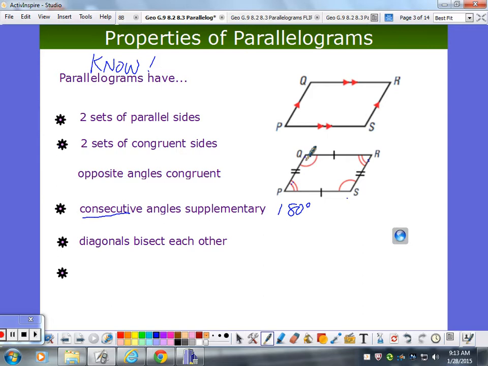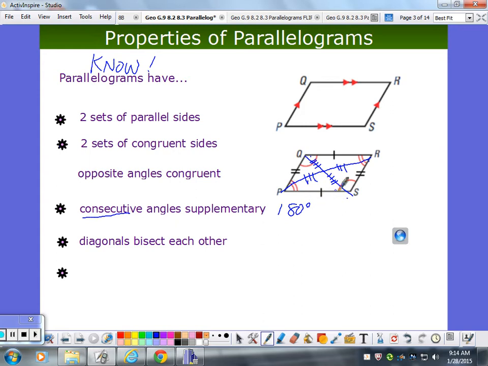Diagonals, what's a diagonal? That's the two non-consecutive vertices connected. They will bisect each other. So if you draw diagonals, this piece will be congruent to that piece, and this piece here will be congruent to that piece here. That's what bisect means in a parallelogram.